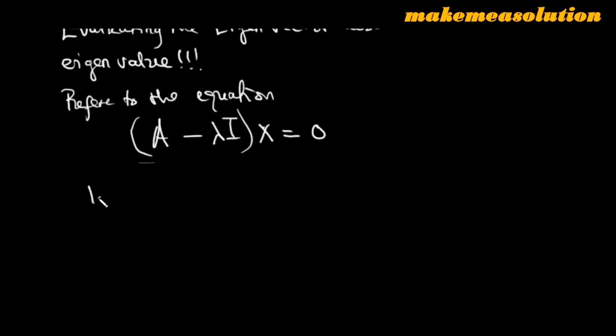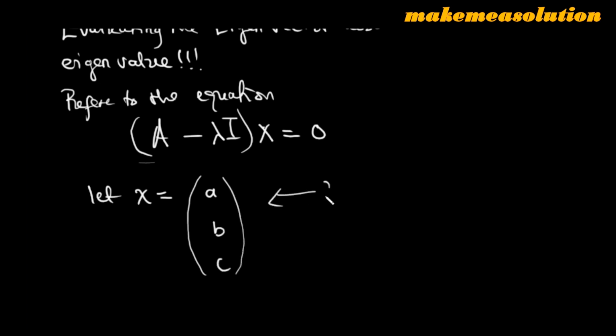So for each of these problems, we've already gotten the form of this matrix. So we are going to say, let our x matrix take the general form A, B, C. Okay, so this is called our eigenvector. Okay, so let x take this particular form.